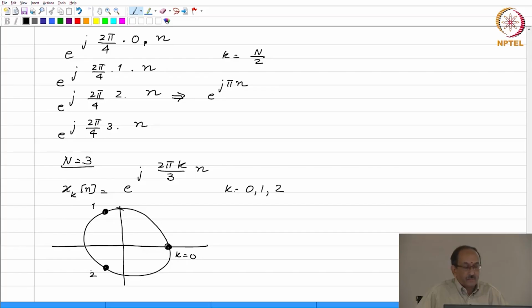So, these are the 3 values of k, and these are the values of k times omega naught that I have plotted on the circle here. Notice that in this particular case, you do not hit the highest value of pi, all right.